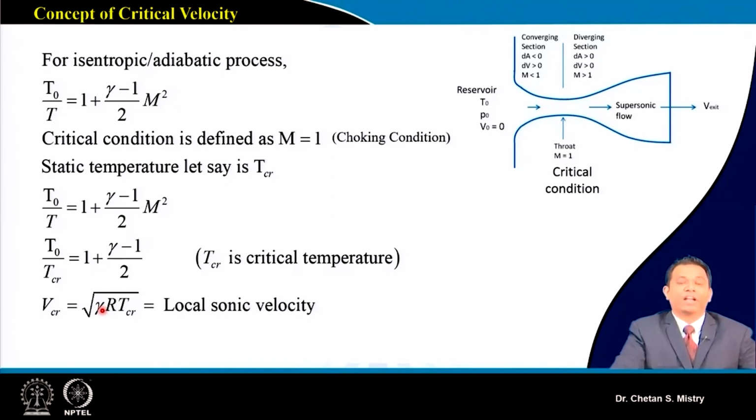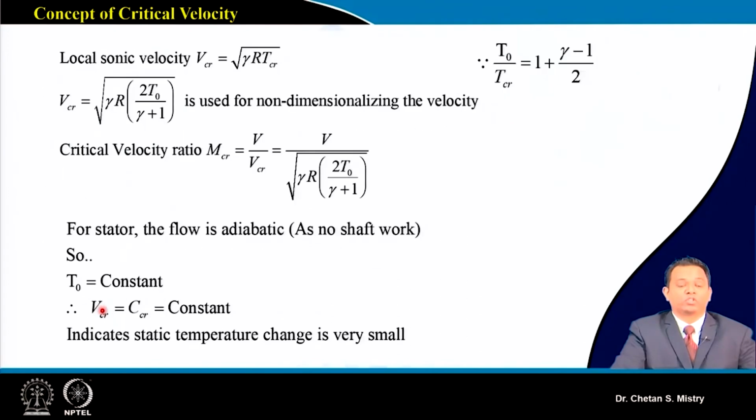Now let's move to what we define in terms of our velocity ratio. Putting M equal to 1 gives me T critical in terms of T0, where T0 is my stagnation temperature. Putting this relation in, V critical is given by the square root of gamma R times 2 T0 by gamma plus 1.